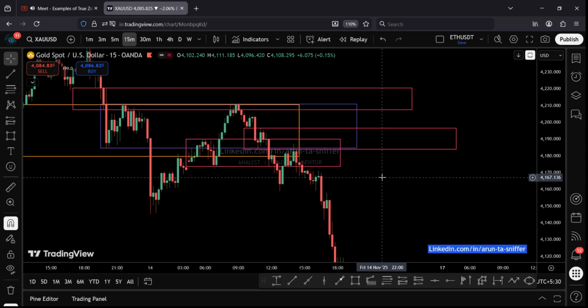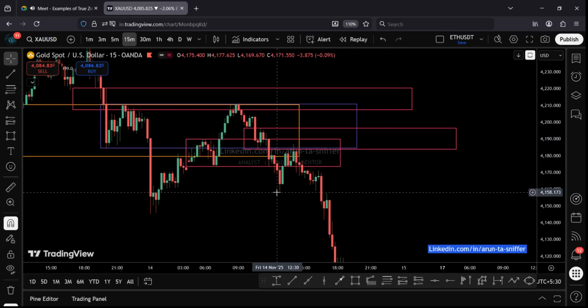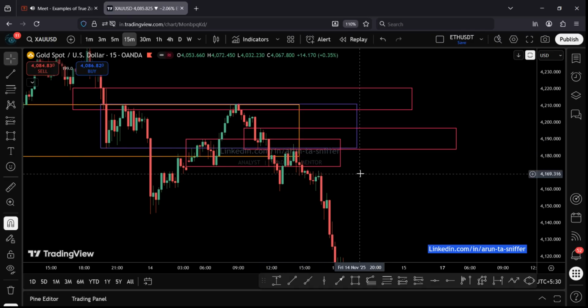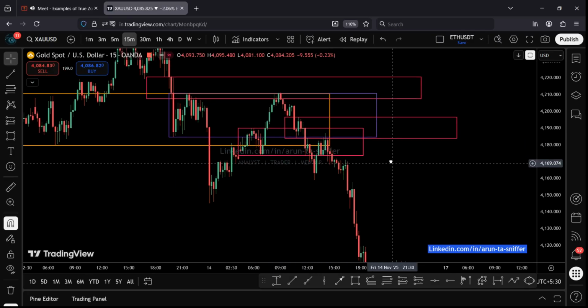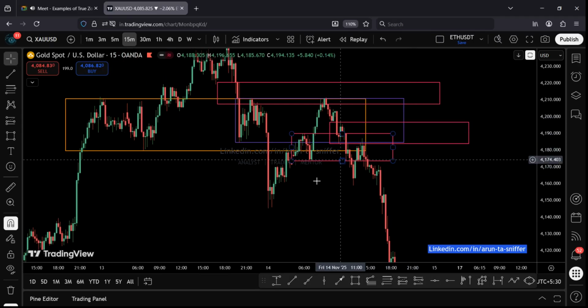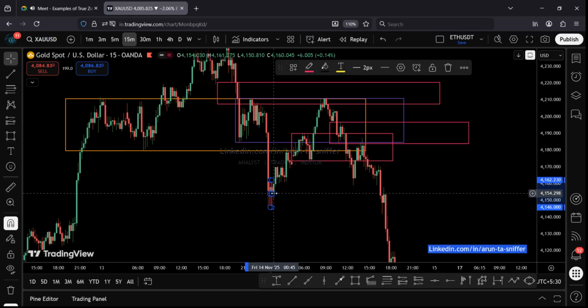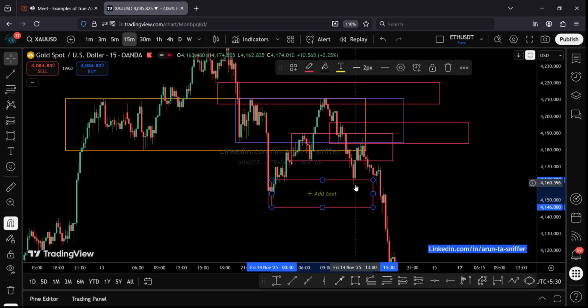You see this puzzle? Price came down, broke this, goes back to the DP of this DP, and then falls back. At first, where is it? At the OR. And when the price has reached here, it has reached the target.